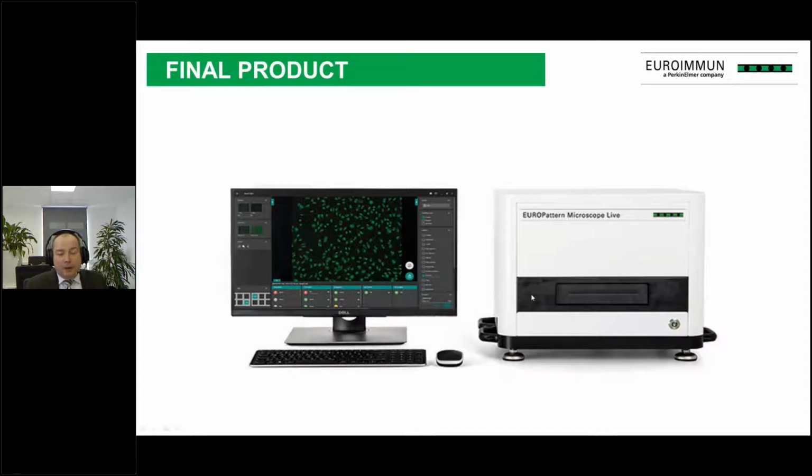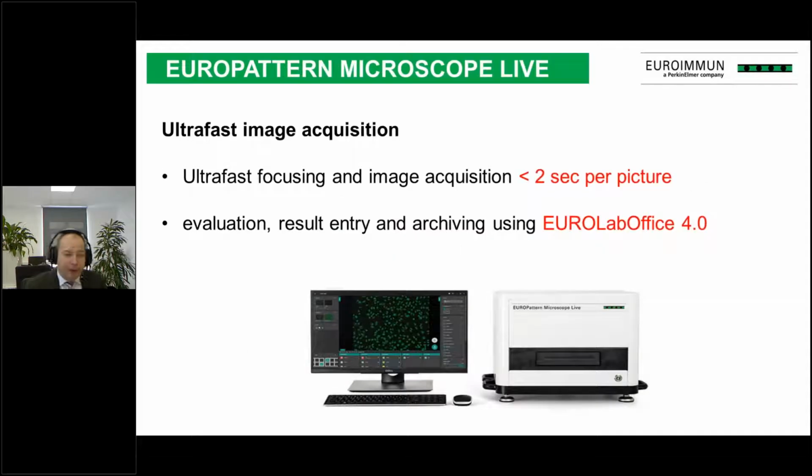And now I'm happy and proud to present you our final product, an automatic immunofluorescence microscope with a light-proof housing suited to all spatial and light conditions. The device takes less than 2 seconds to change position, focus and acquire the image, and has excellent support from EUROPattern for the evaluation, entry, and archiving of the result.